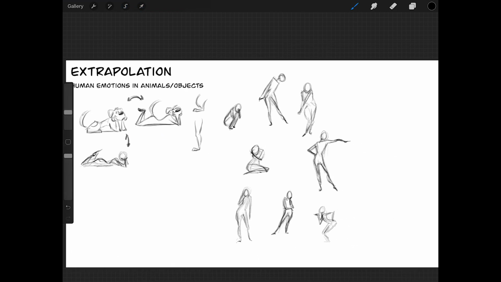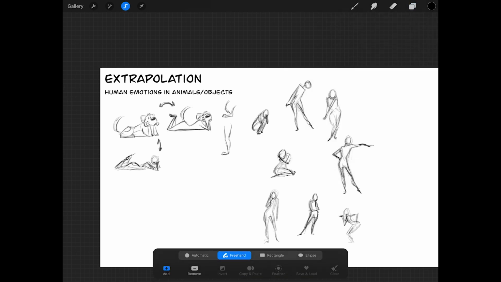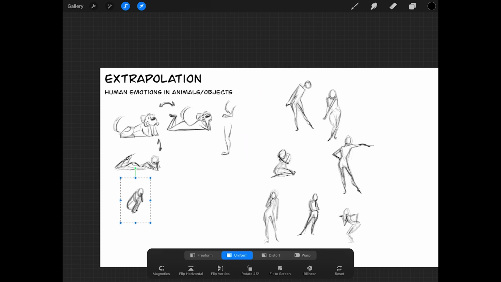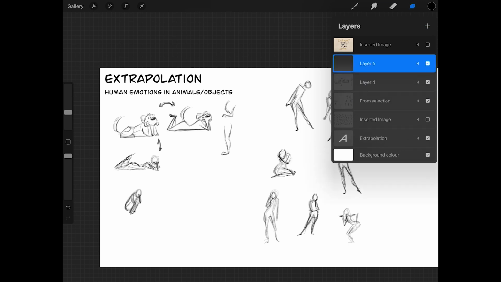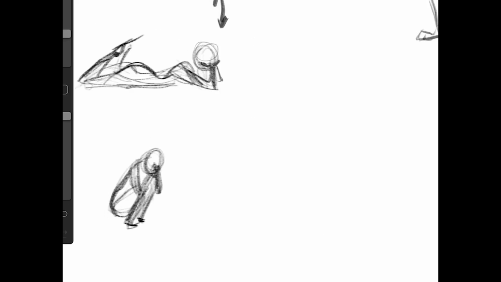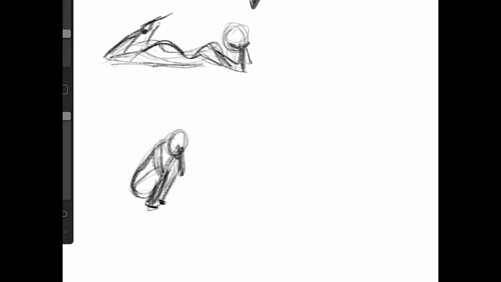Okay, but onwards to the next pose. Let's see what we can do with this one. Let's put it down here. Make another layer. Okay, so the emotion in this one, I would say, is kind of despair, sadness. Maybe a person is having some sort of breakdown, maybe heartache, which is relatable.